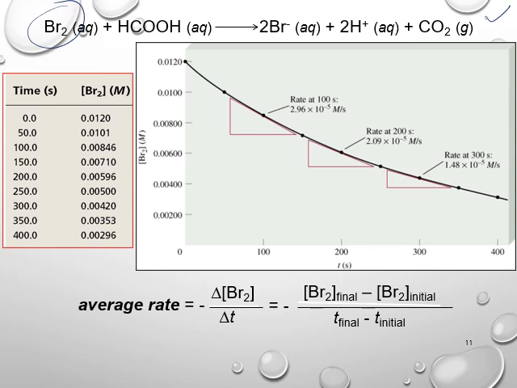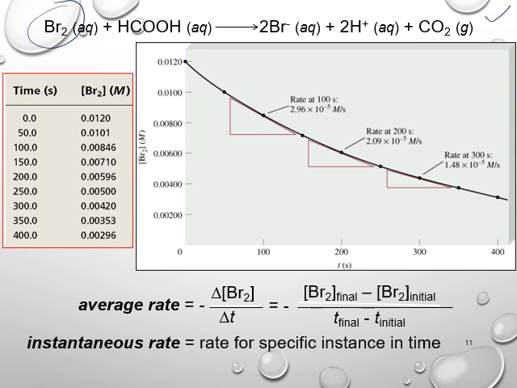We can also calculate the instantaneous rate, which is the rate at a specific instant in time. This is the plot of bromine concentration versus time based on the data shown in this table.